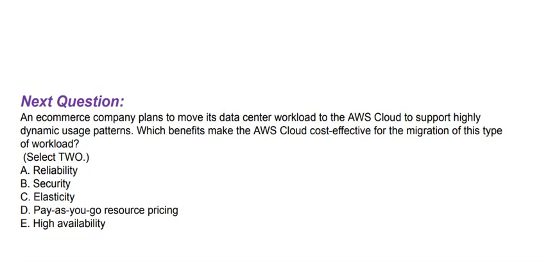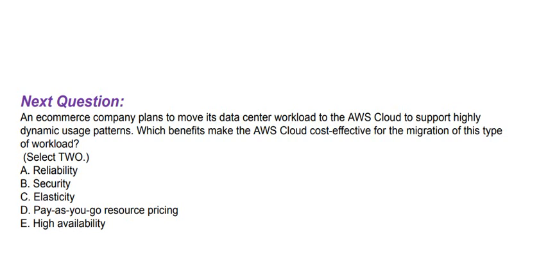Next question is, an e-commerce company plans to move its data center workload to the AWS cloud to support highly dynamic usage patterns. Which benefits make the AWS cloud cost effective for the migration of this type of workload? Select two options. Option A, reliability.